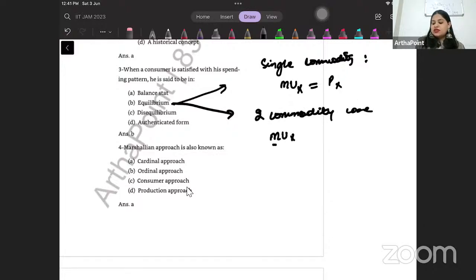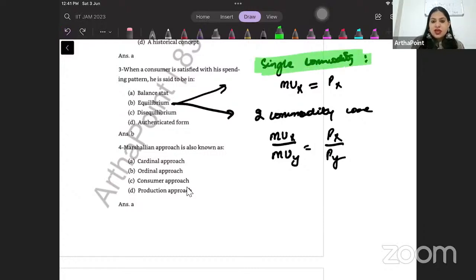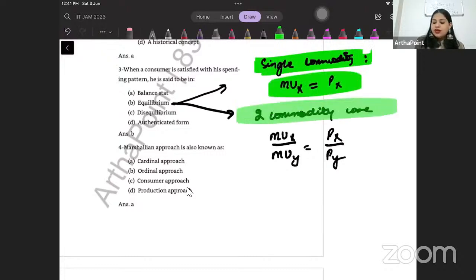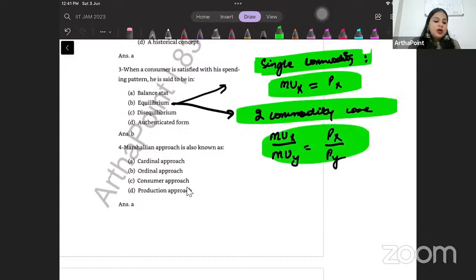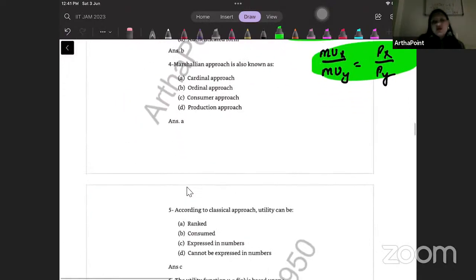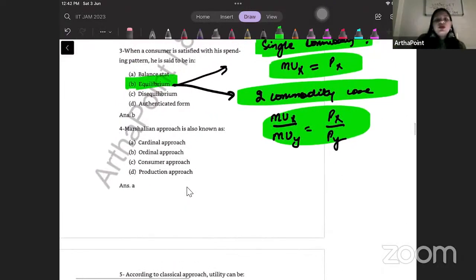When MUX by MUY is equal to PX by PY. तो बेटा सिंगल कमोडिटी केस में MUX should be equal to PX, and two commodity case में MUX by MUY should be equal to PX by PY. This is your equilibrium condition.